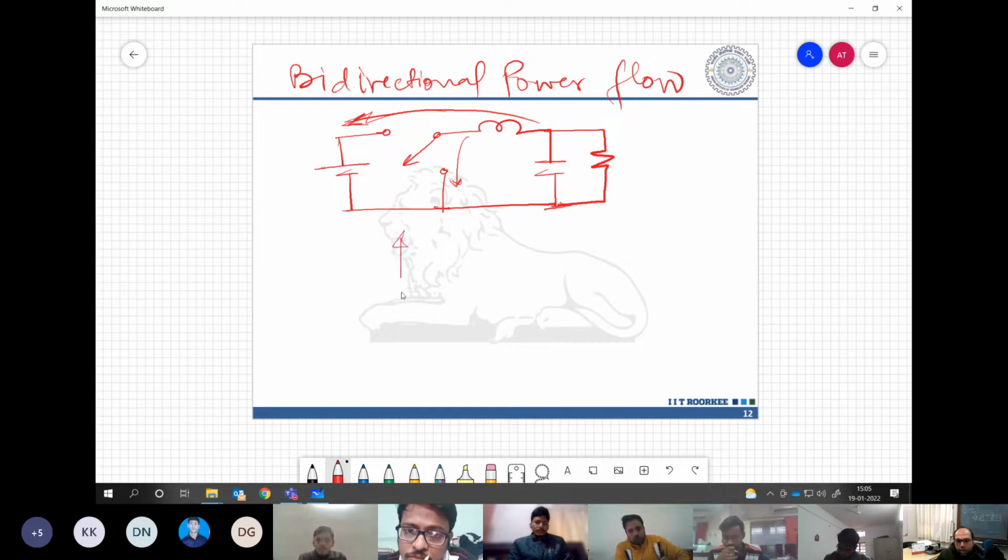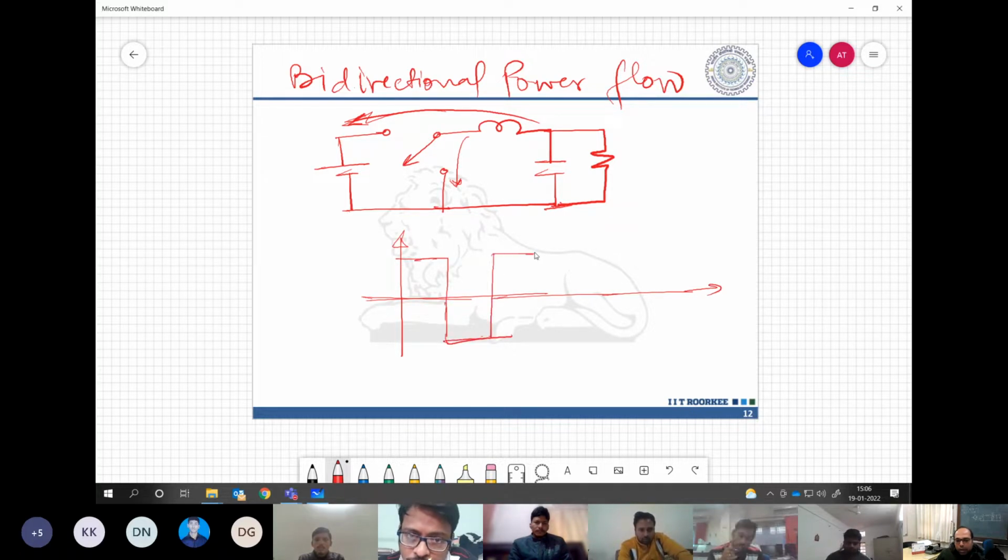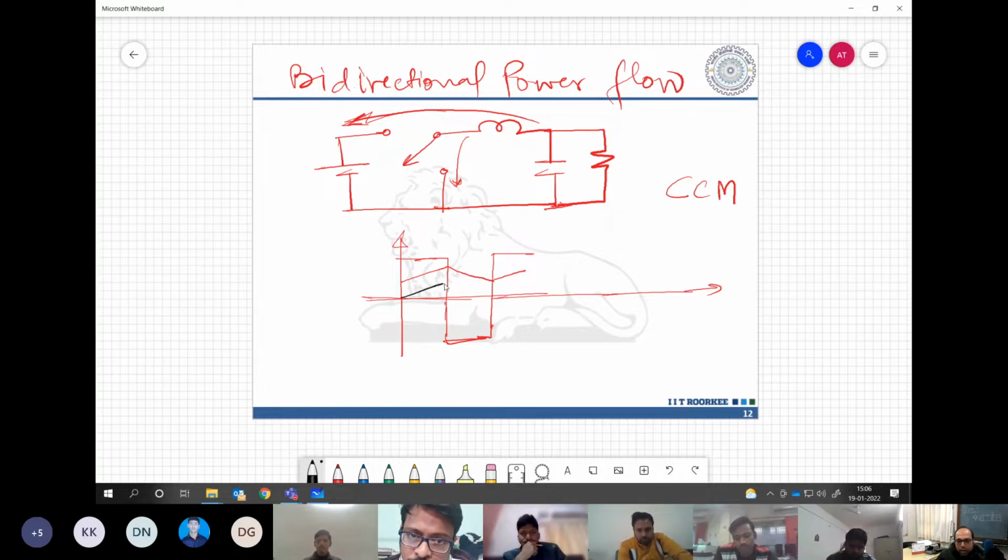Understand the point? When we are maintaining volt-second balance with a unidirectional power converter, we have continuous conduction mode, where the current is positive going between these modes. Now we reduce the load. What happens? This comes closer and closer to the zero axis.